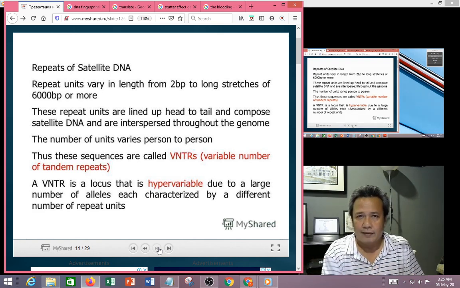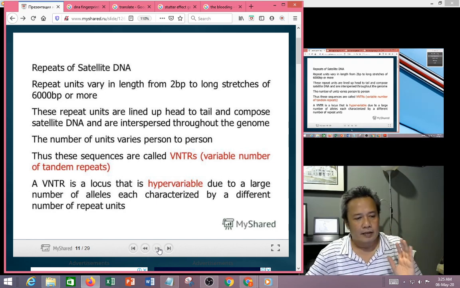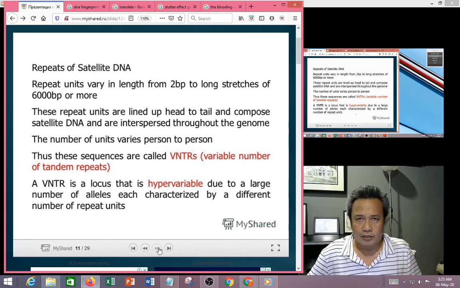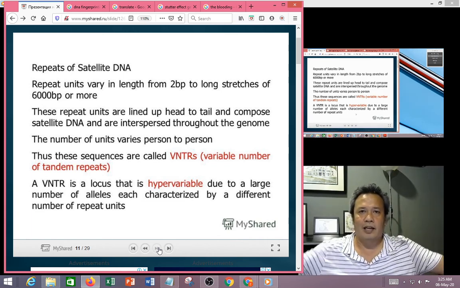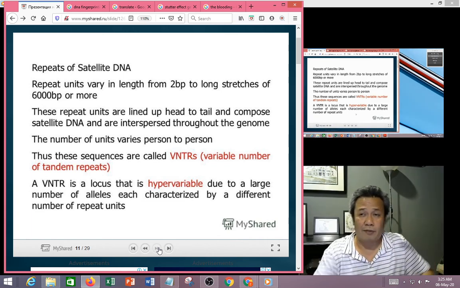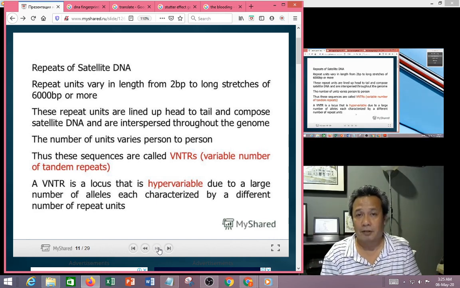That's why they call it variable number of tandem repeats, VNTR. Certain loci are so variable that in a class of about 20 individuals, everybody has a different number. This is what we call hypervariable.